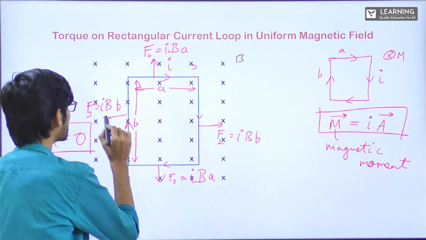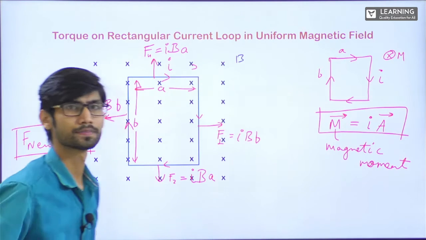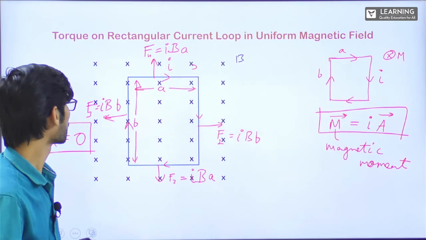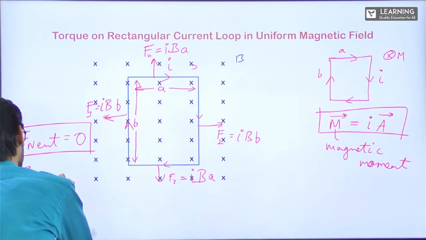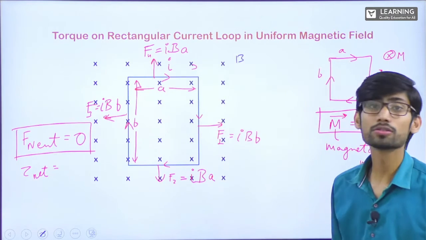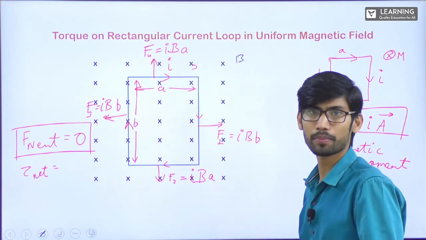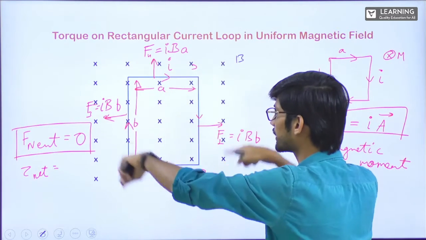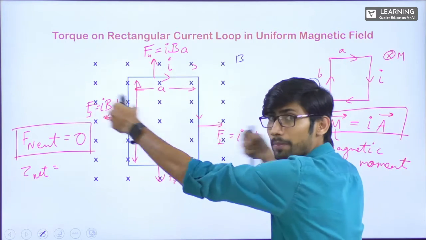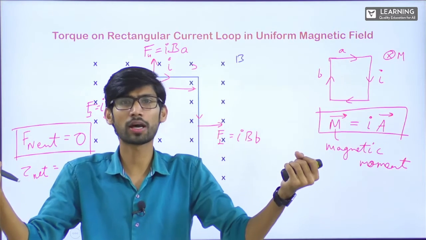Now, I hope you understood this. It was easy to understand, right? Now, what about torque? If you see, torque net is also 0. Because here, these both forces, the line of action is same. If I take a paper, if I put force outwards on the paper like this, nothing will happen, it will not rotate.